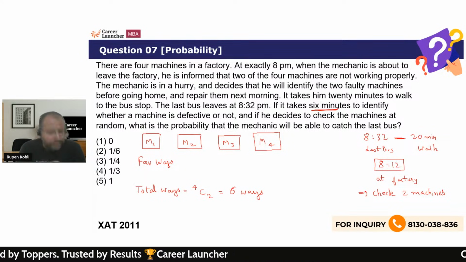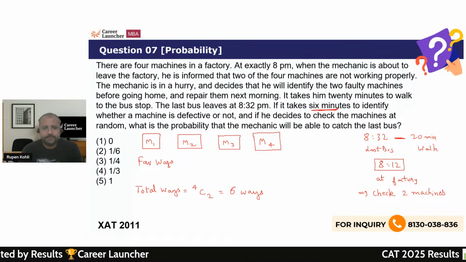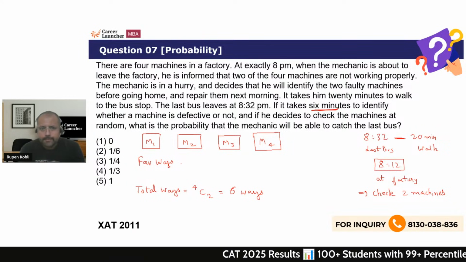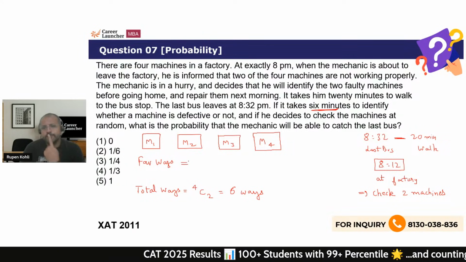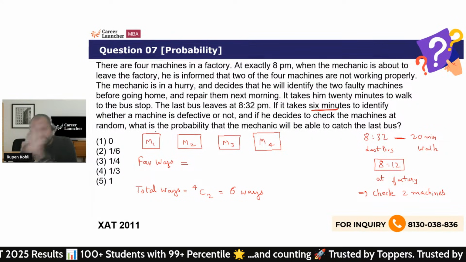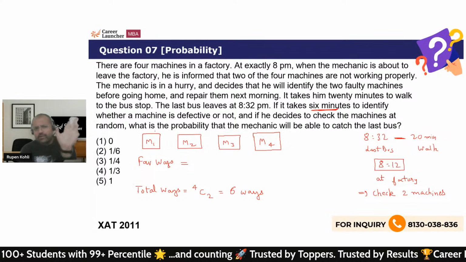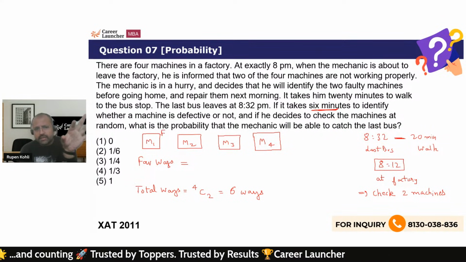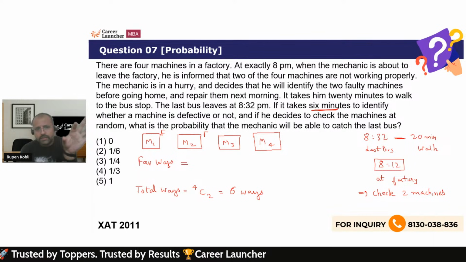Now, what are the favorable ways? Think about this. Let me just label that M1 and M2 are faulty, just for the sake of discussion. Okay, I don't know which two are faulty. I'm just labeling that. Let's say these two are faulty.